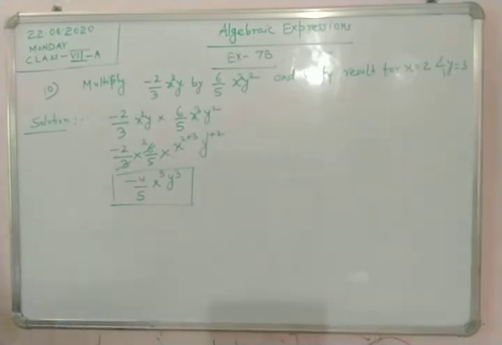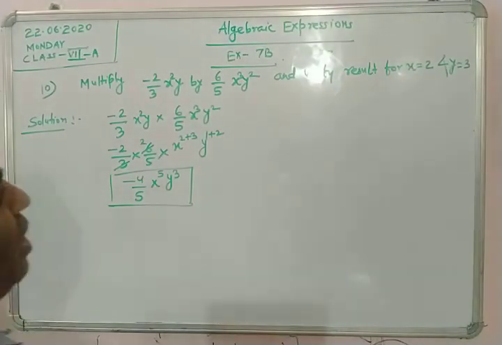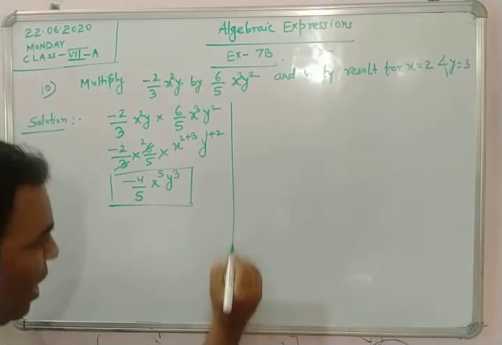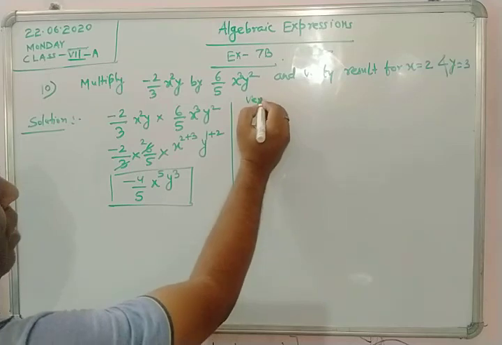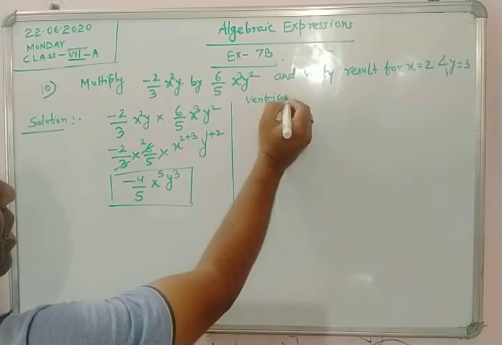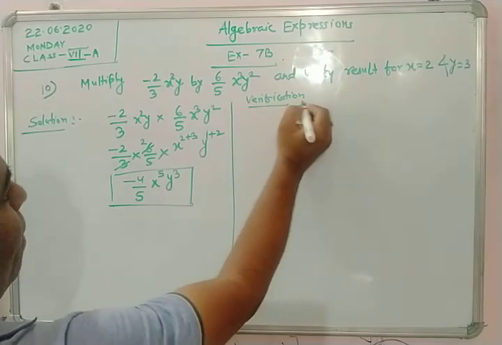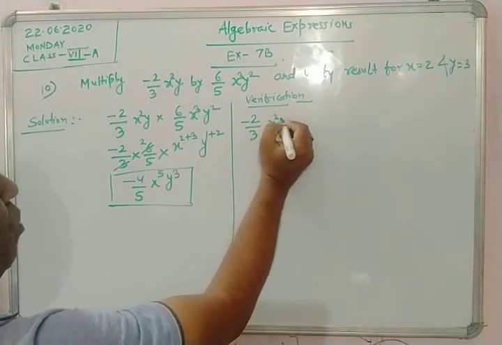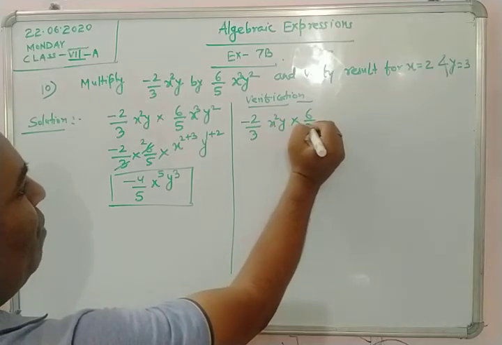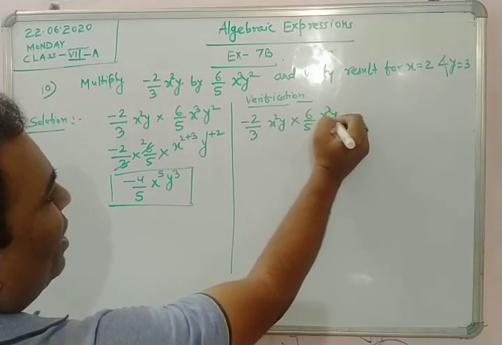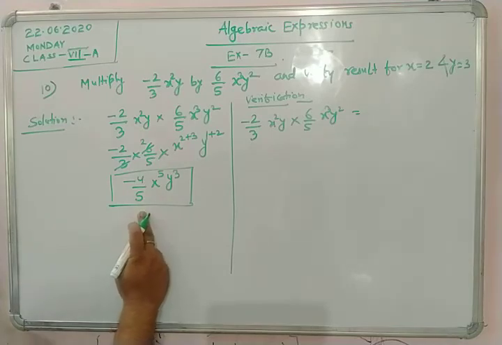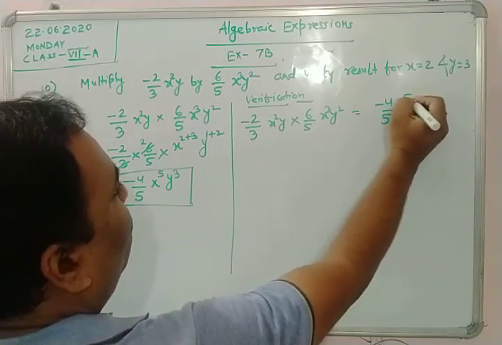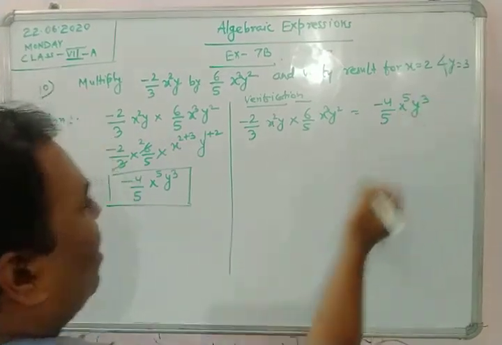Now what we have to do? We have to verify the result for x equal to 2 and y equal to 3. How can we verify? So I am going to write verification. Minus 2 by 3 x square y into 6 by 5 x cube y square equal to the product. What is the product? Minus 4 by 5 x to the power 5 y to the power 3.